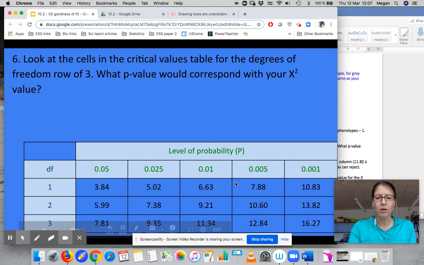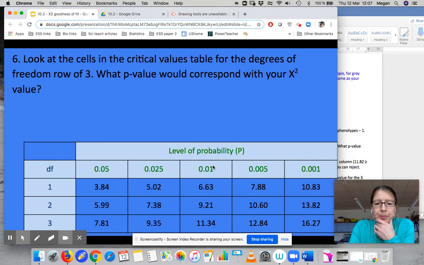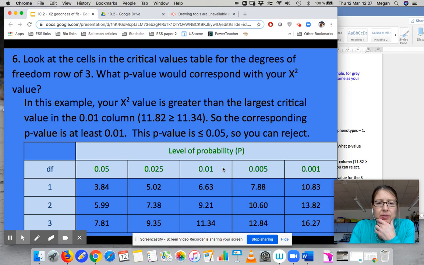It falls in between the 11.34 and 12.84, this keeps popping up. So that's going to be important. We know that with 3 degrees of freedom, our critical value falls between 11.34 and 12.84. So our probability is 0.01. And because of that, we know that 0.01 is less than 0.05, so we can reject.